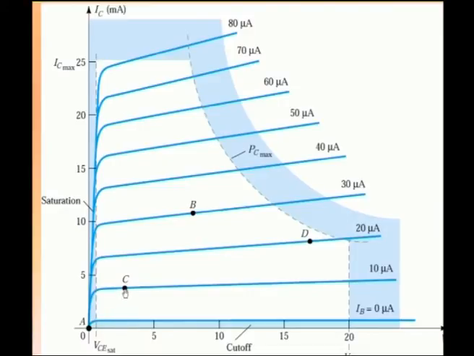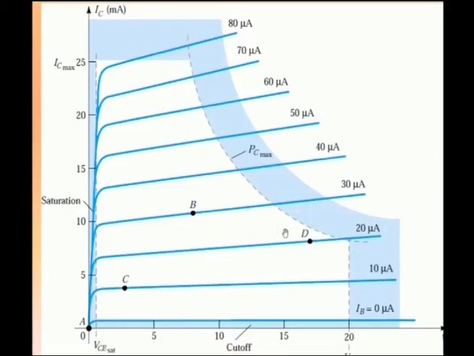Can this point give you the maximum excursions for the input and output swings, in the positive region as well as in the negative region? It will not be possible because it is limited by VCE 0 and IC 0. The peak will be clipped away if you choose this operating point as the quiescent point.